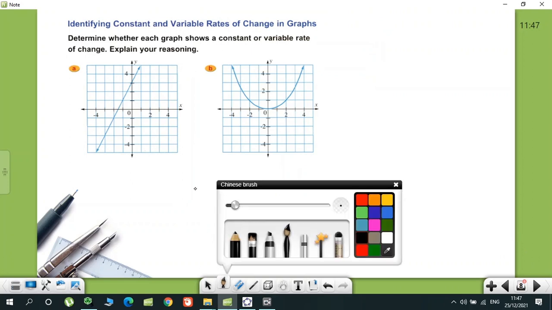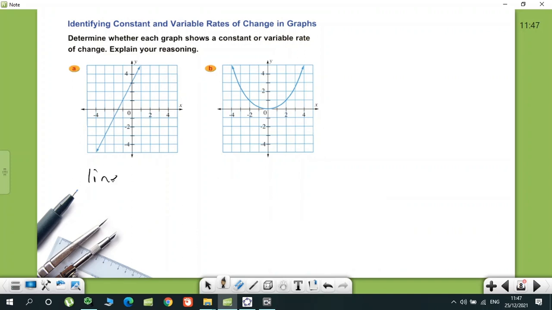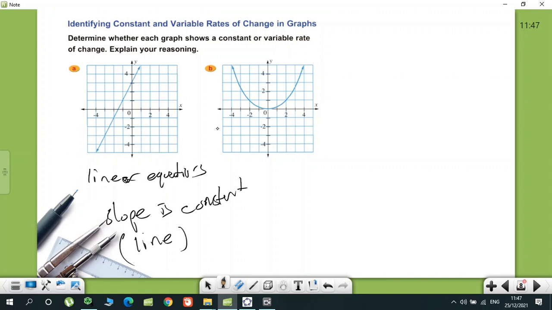So there is one last thing left: identifying constant and variable rates of change. Rate of change is the slope. So if the slope is constant, that means a linear equation. For a linear equation, the slope is constant. So if there's a line, it's a constant rate of change.